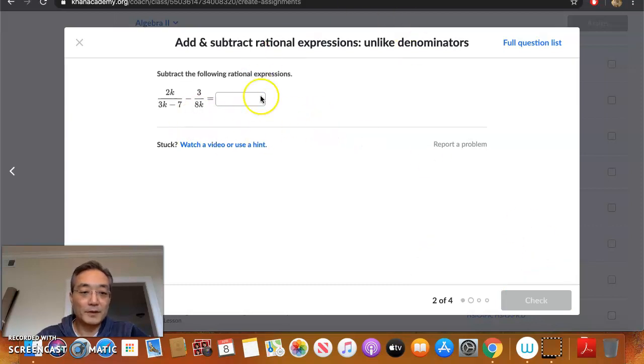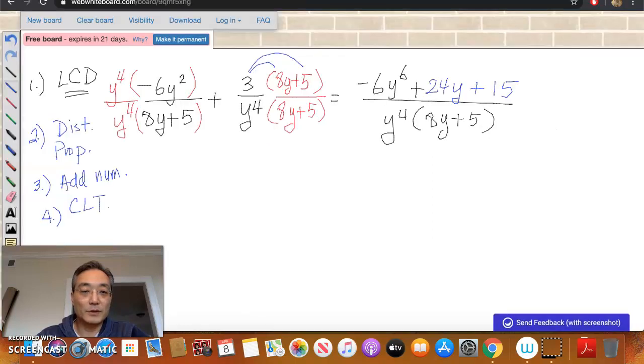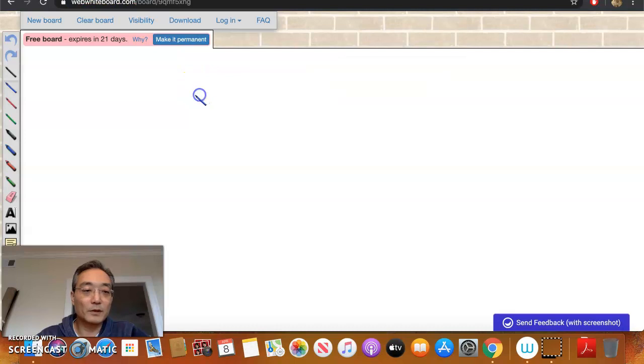The same idea, correct? But now it's a subtraction. What I like to always do to avoid making mistakes is turn any subtractions into additions using keep, change, change. So let me just clear this board.